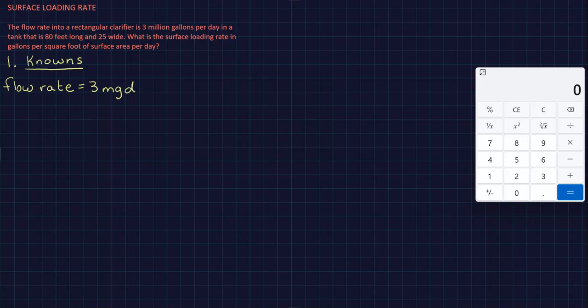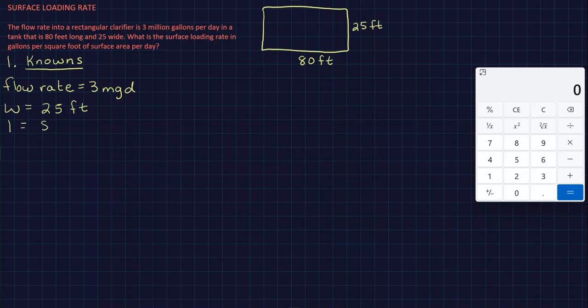And then we know we have a tank that's 80 feet long and 25 feet wide. I always like to draw, even if it doesn't really help me solve the problem, it just gives me a visual of what's going on. So we know that the width of the tank is 25 feet, and we know the length is 80 feet.